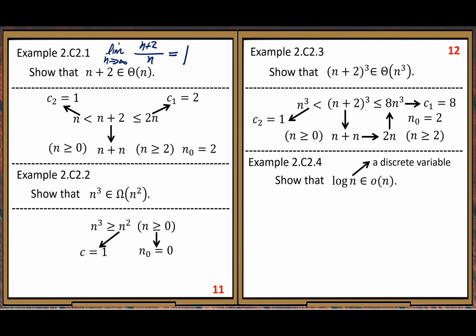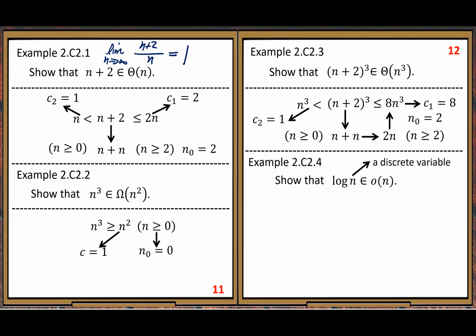Okay, all right. Here, remember, in our typical function, n is a discrete variable. Remember the last time I talked about discrete variable and continuous variable when we calculate the limit.